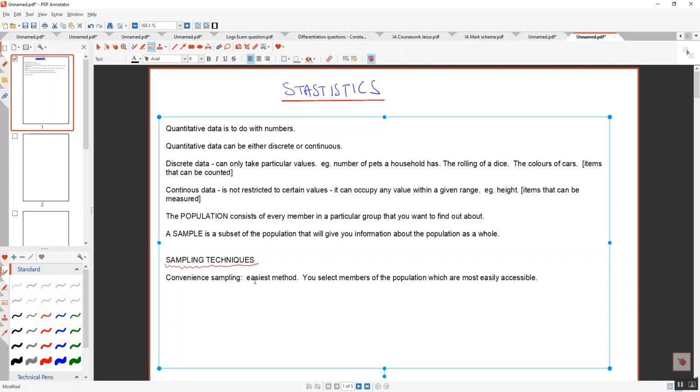So if I wanted to take a sample of DP students, I would sample U3 because it's most easily accessible. That would be a convenient sample. But again, it may not be very representative because there's a reason why we're the most convenient.